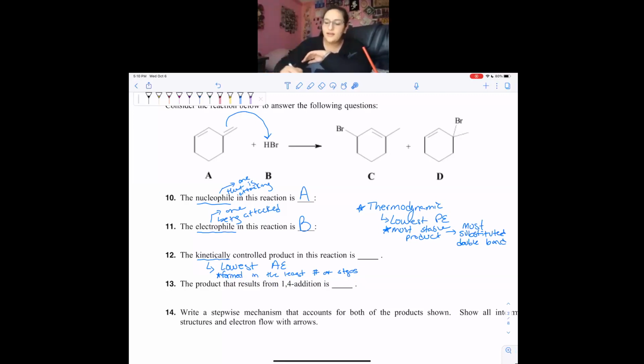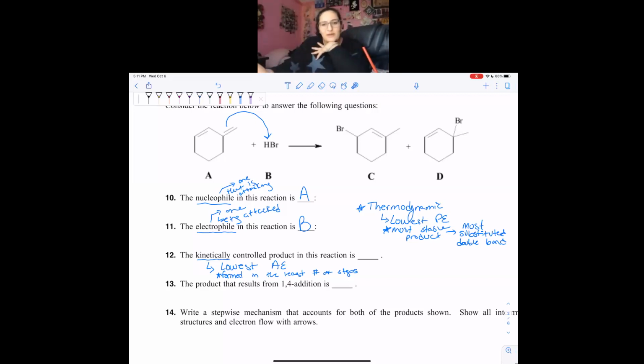If we were to draw out the reaction mechanism and steal that hydrogen, we would get a carbocation here. So the 1,2 product is the one that's made in fewer steps, whereas here we had to do resonance. They're not giving you the activation energy, but when you see that this one was formed in the least number of steps, you know that this one will have the lowest activation energy. Does that make sense?